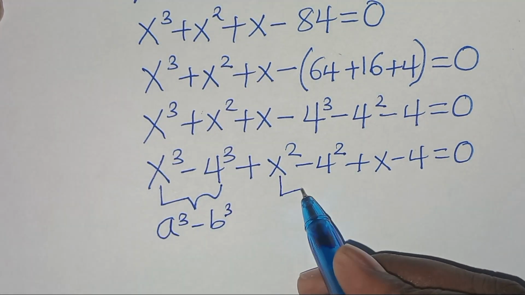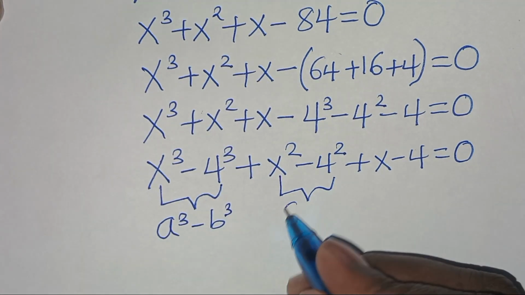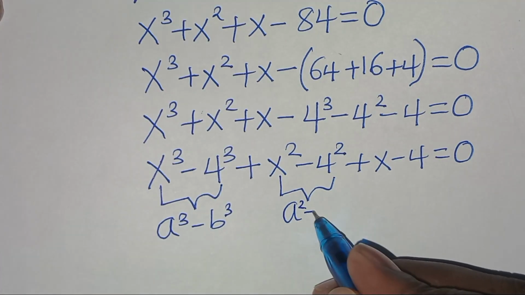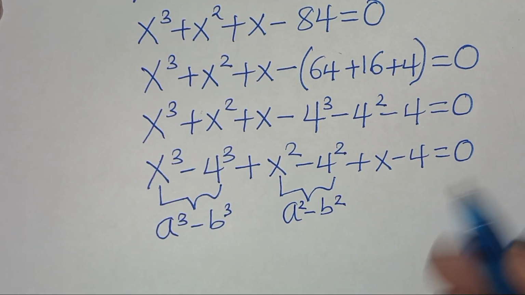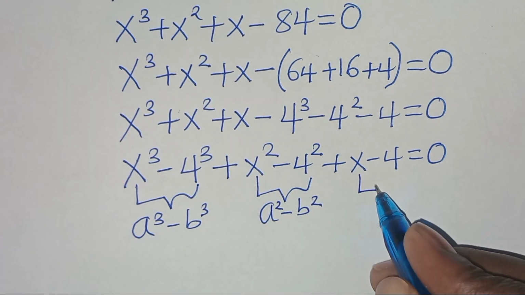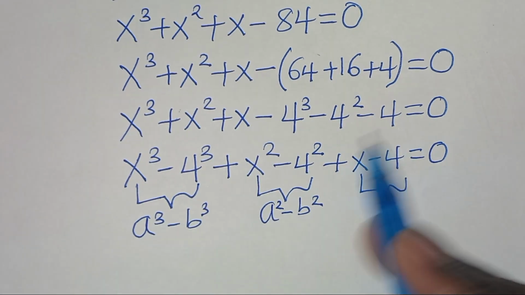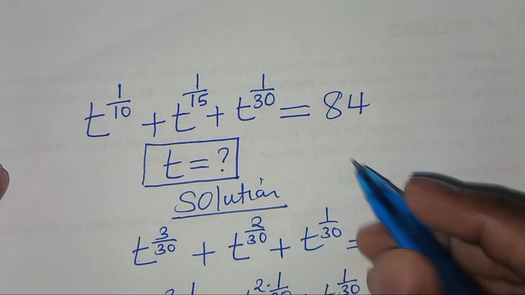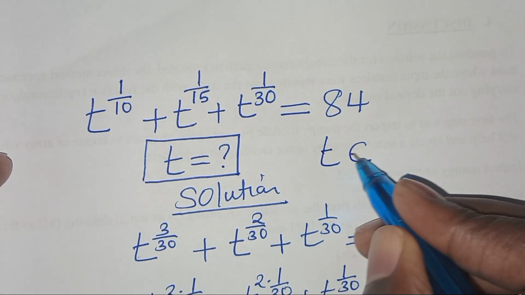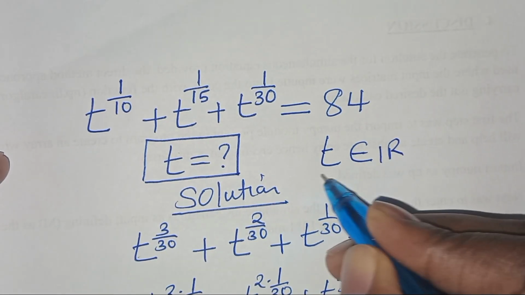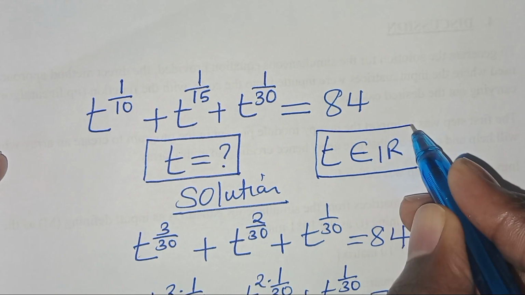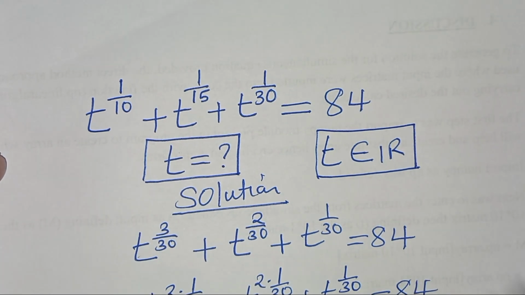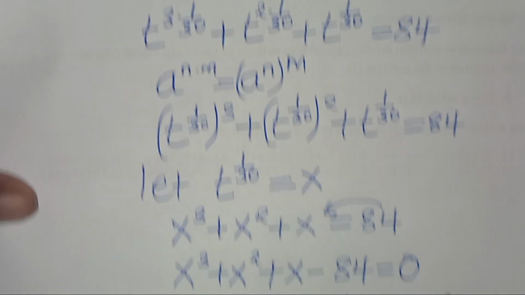And we have the second part here, which is the difference of two squares expressed as a squared minus b squared. And then we have this particular part here. And given that t is a member of real numbers, so let's proceed here.